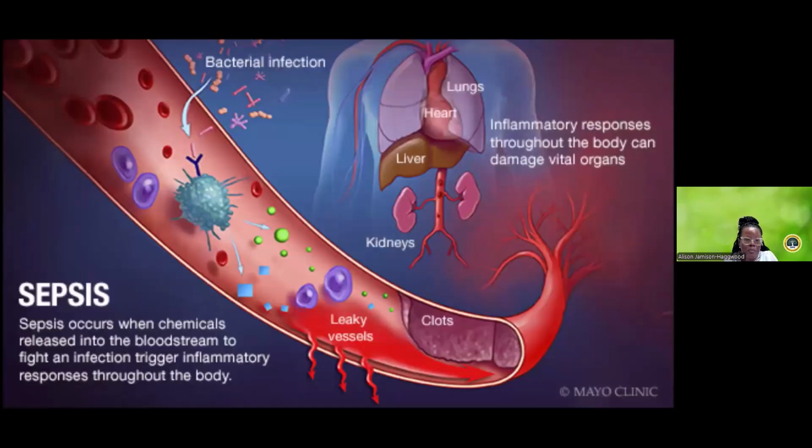This is just a picture of what it would look like with a bacterial infection in the bloodstream. As you can see here, it's going to affect the vessels. They may be leaky, and your body, of course, is going to have an inflammatory response. The different organs that can be affected are your lungs, heart, liver, and your kidneys.